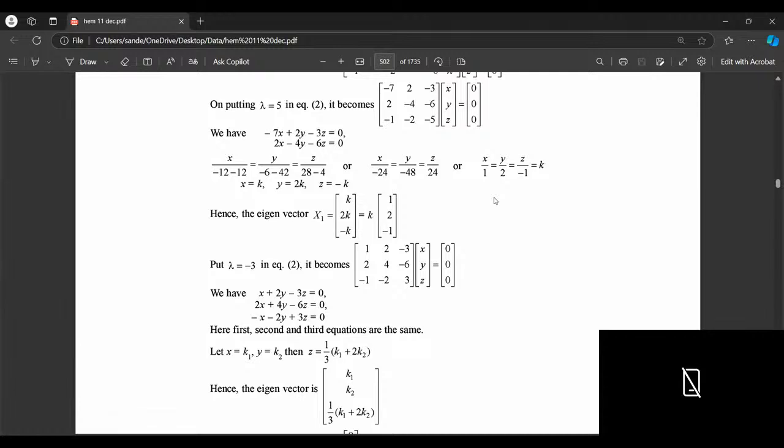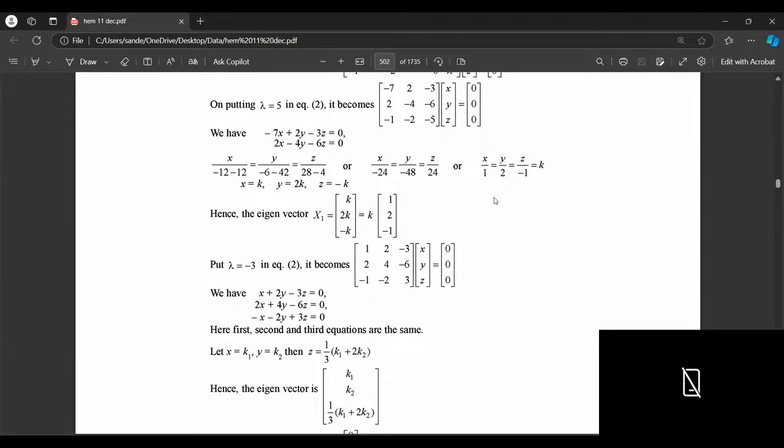So if the roots are same, as in previous example, we choose x equal to k1, y equal to k2. Then from x plus 2y minus 3z equal to 0, this z will be 1 by 3 times k1 plus 2k2.